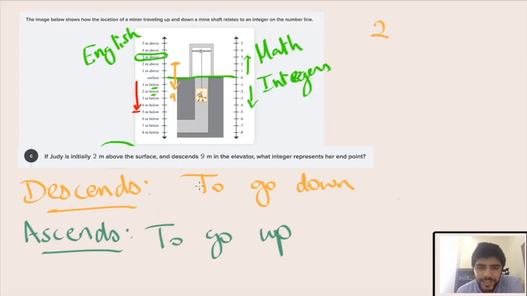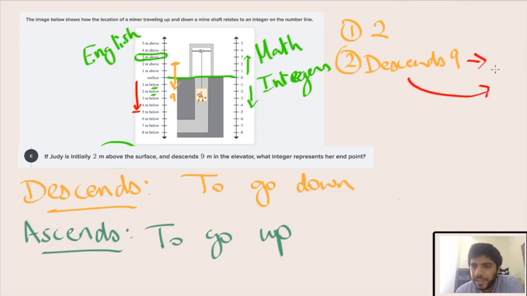Then she descends 9 meters. And that means that if we translate this as an integer, it would mean -9. Descends would give us the negative sign, and then 9 is just 9, right? So if we were to calculate it, it's just 2 minus 9, and that's -7.